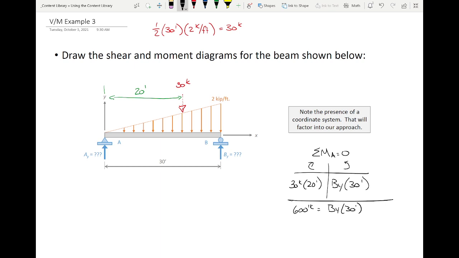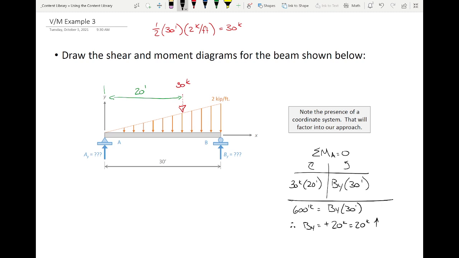I'm hoping this part's simple. So therefore, I get that. Is that fair? I know I did that real quick, but there's only one load on the beam, right?